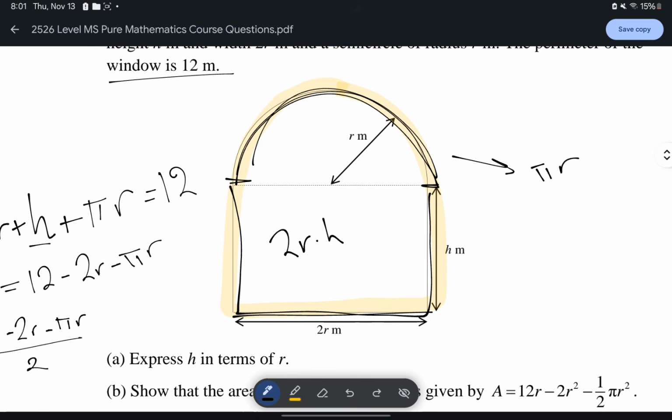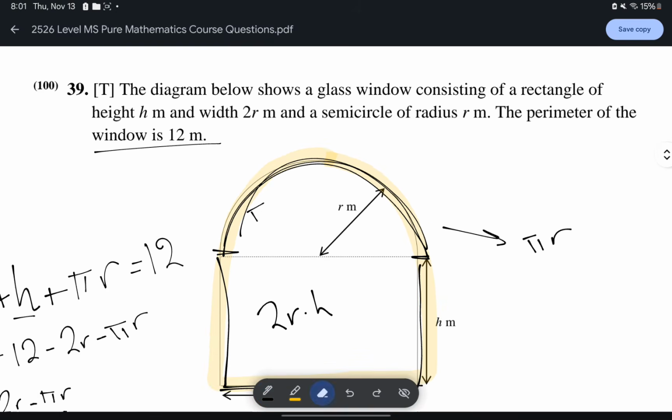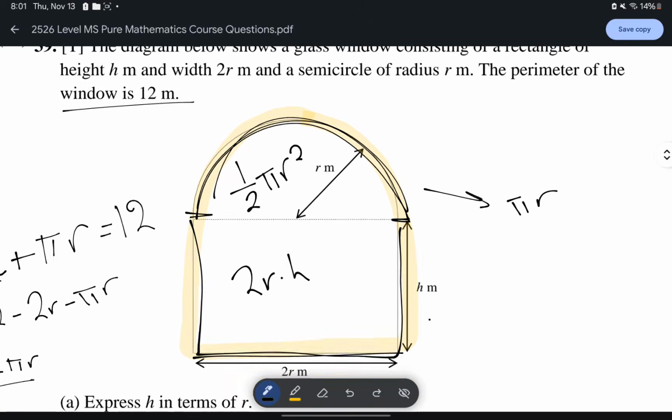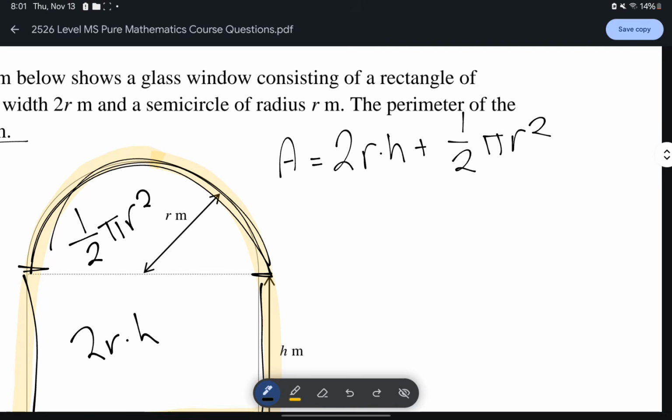Now this top here, normally in a full circle you'd have pi r squared, but here it's a semicircle, so we'll do 1 over 2 pi r squared. We'll add both of these areas together like this. So area is 2rh plus 1 over 2 pi r squared.